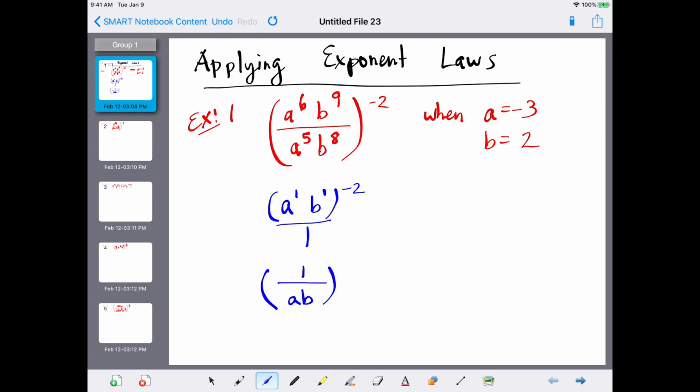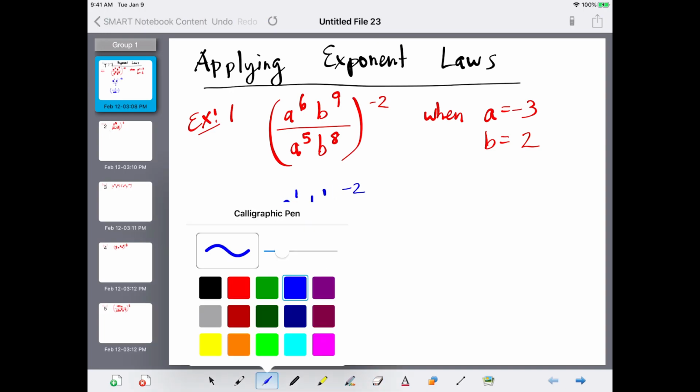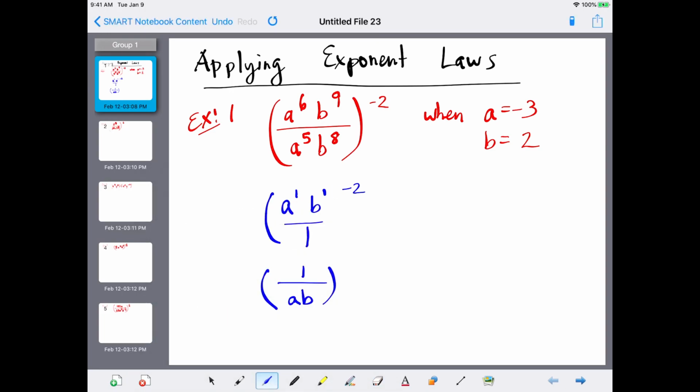Okay, now our expression has an exponent of positive 2 because we've taken the reciprocal.